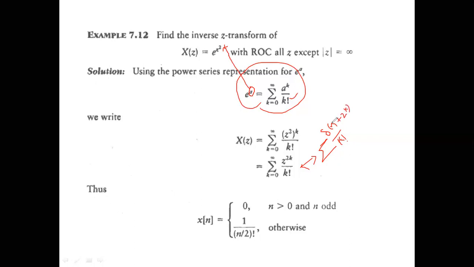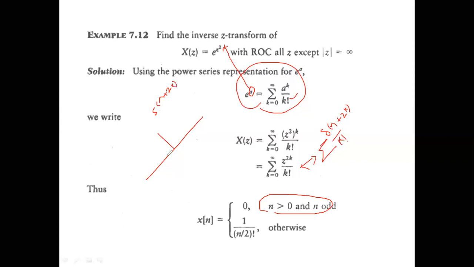Since this is delta n plus 2k, the author writes that it does not have any values on the right side. What does delta n plus 2k indicate? Let me try to draw this, with k going only on the positive side, so this exists on the negative side.